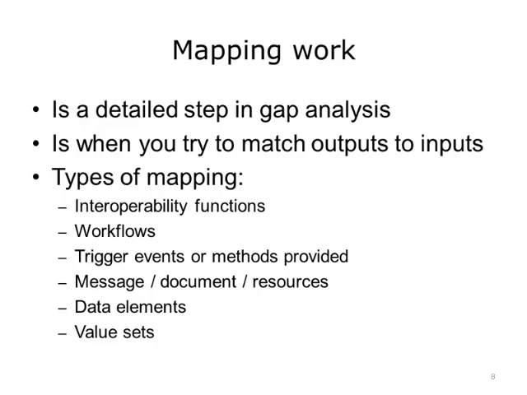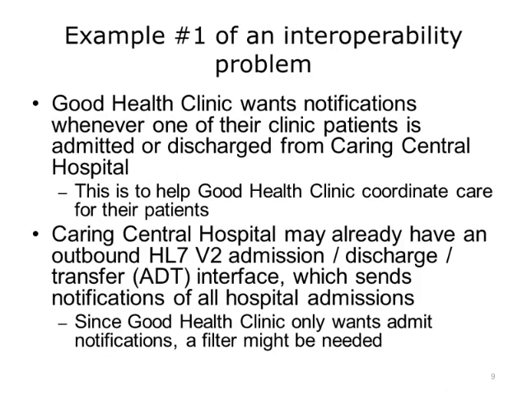This is when you try to match outputs to inputs. Types of mapping include mapping the interoperability functions of one system to another, mapping the workflows of the entities, for example, departments, organizations, etc., being connected, determining what trigger events or calls are relevant, and mapping each data field, data type, and terminology.